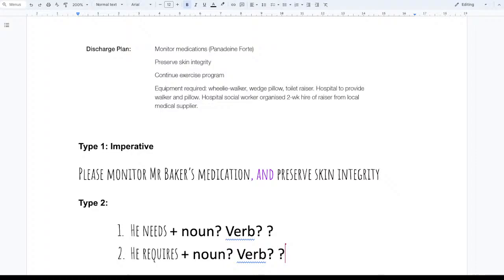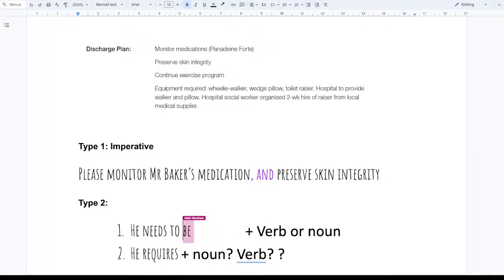Let me give you the answer, guys. Okay? This is the answer. Let me explain. He needs, you can have verb, or you can have noun. Okay? Both of these are okay. So I can say, for example, something like this. He needs to be, right?